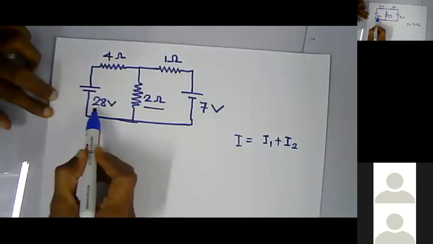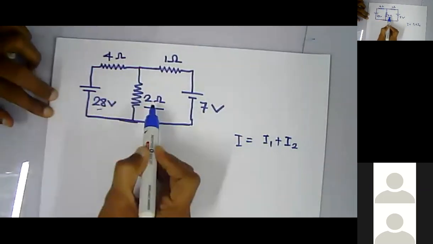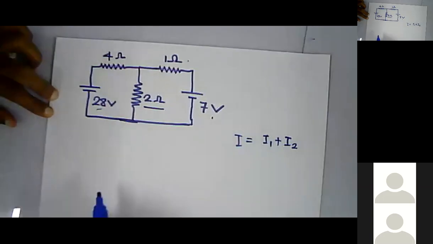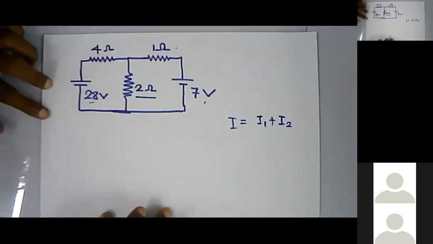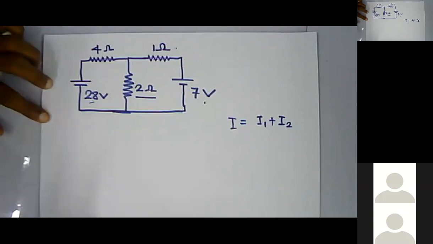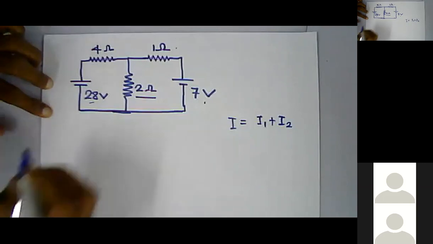So the circuit has a 28 volt battery, 4 ohm resistor, 2 ohm resistor, 1 ohm resistor, and a 7 volt battery. Let's see how we can solve this using the superposition theorem.